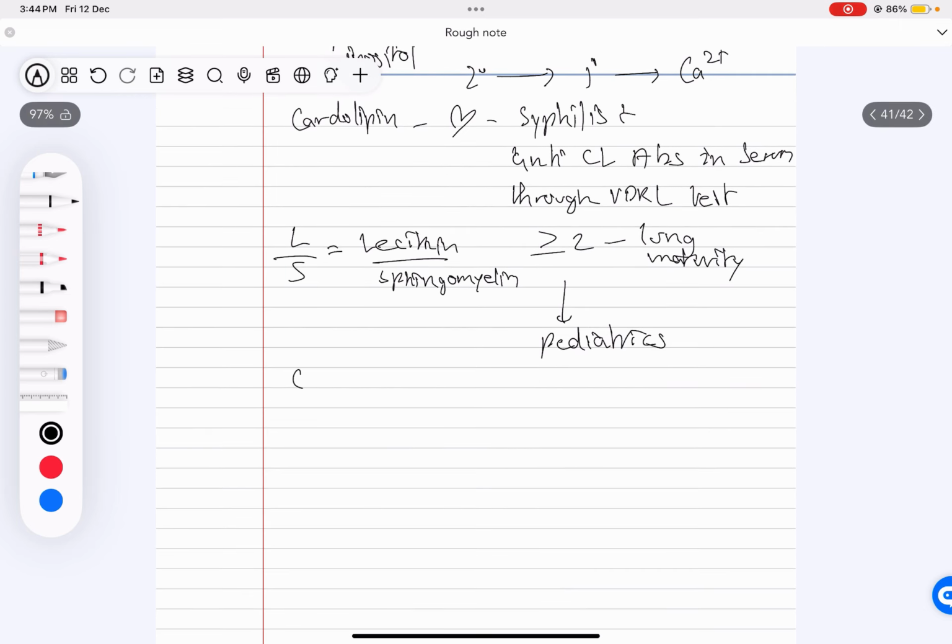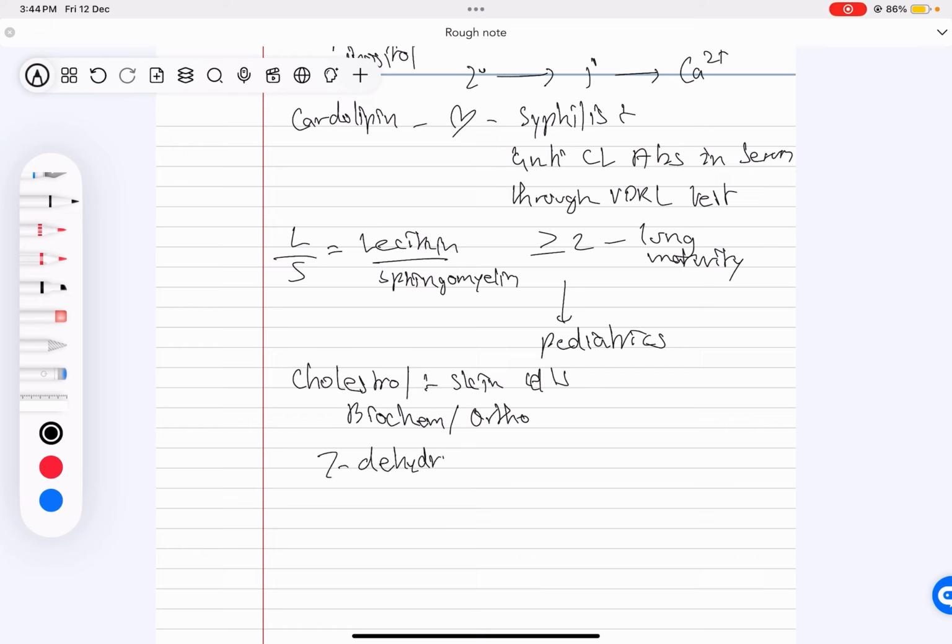And cholesterol, it is present in the skin cells. We will do the same in biochemistry too, and we might cover it in ortho. There is a substance called 7-dehydrocholesterol.